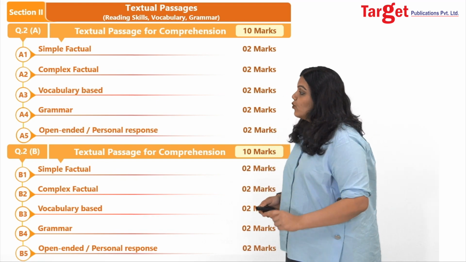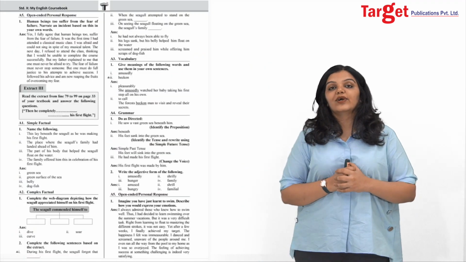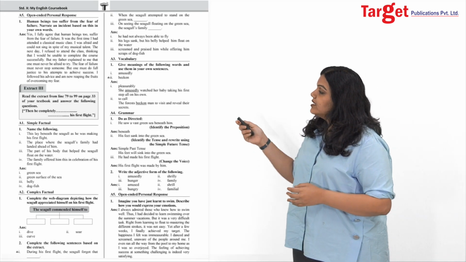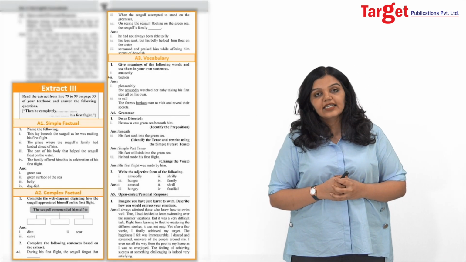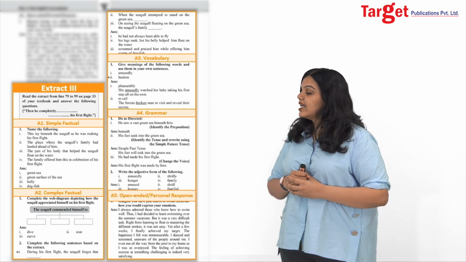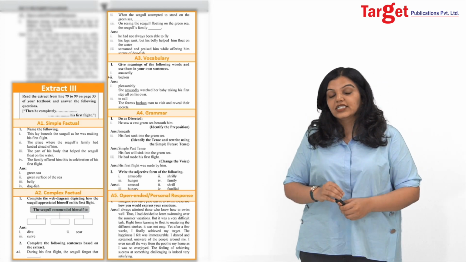Now let me show you how we have helped you with all of these questions in our My English Coursebook notes. You can see that the chapters are divided into extracts in our notes, and under each of these extracts you will find all the 5 different types of questions.